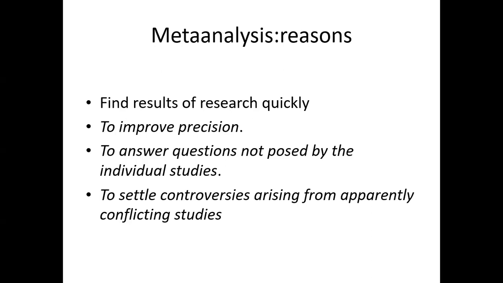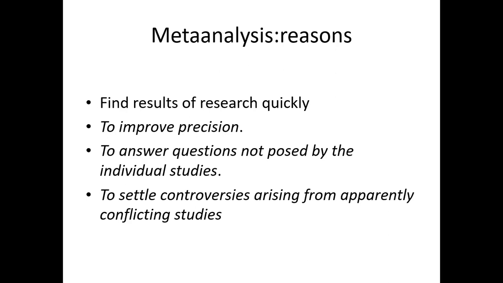Another reason is to improve precision. You put together and statistically summarize more than two studies, and as you combine them, you increase the size of your sample, so the precision increases.